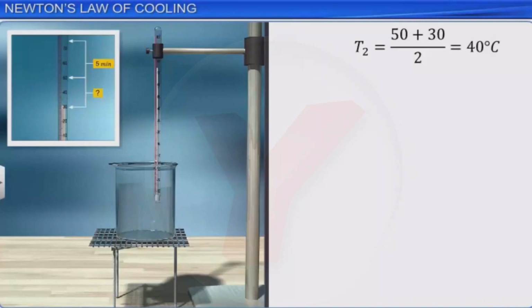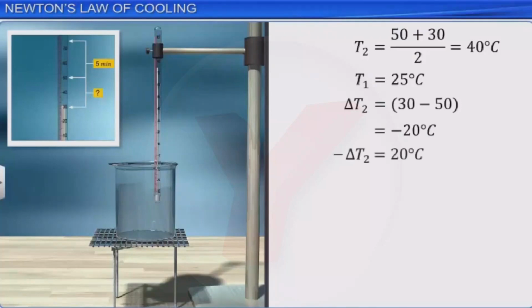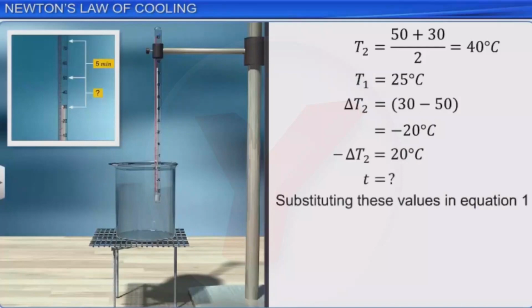Delta T2 is equal to minus 20 degrees Celsius. Minus delta T2 is equal to 20 degrees Celsius. We need to find the value of T. 20 by 40 minus 25 is equal to K into T.